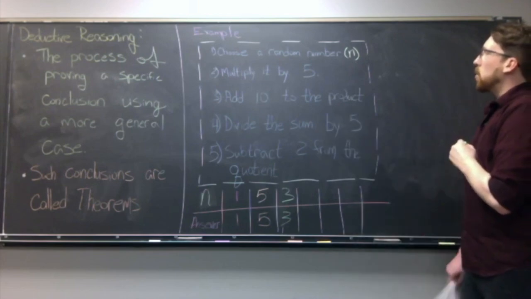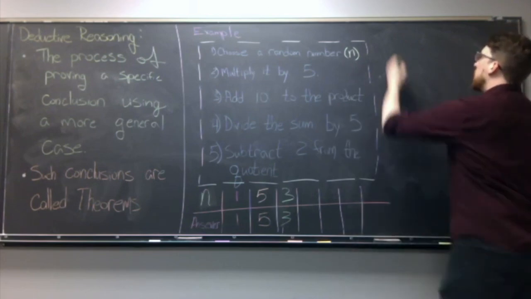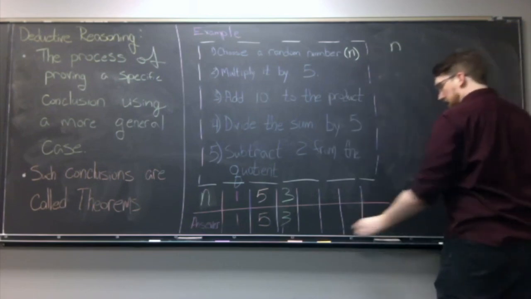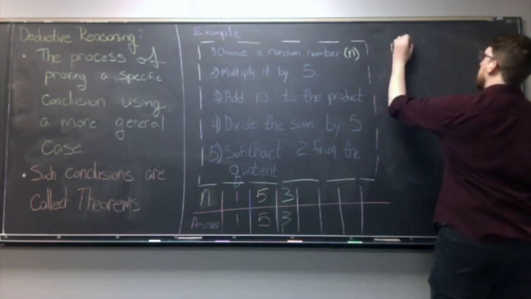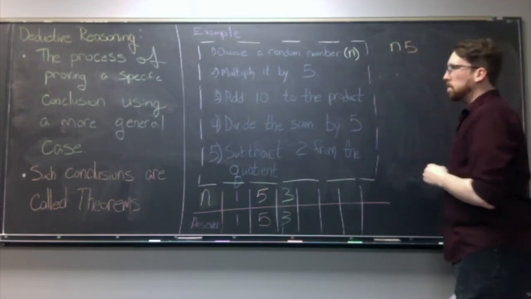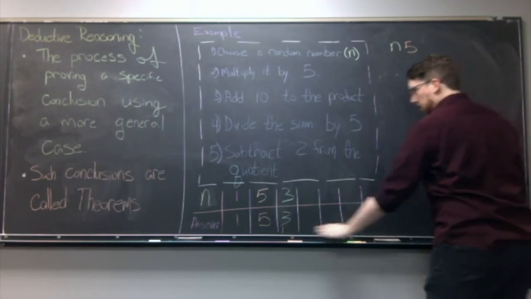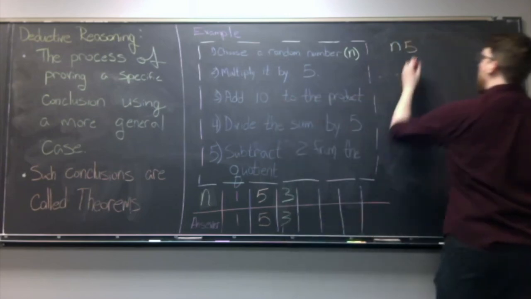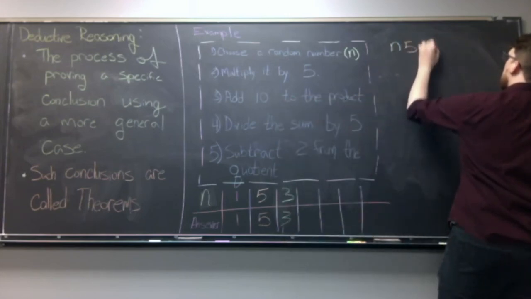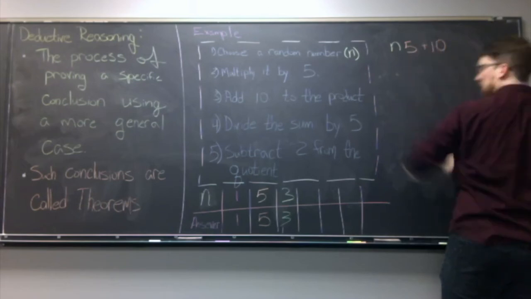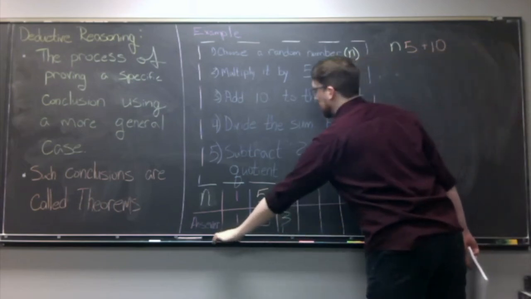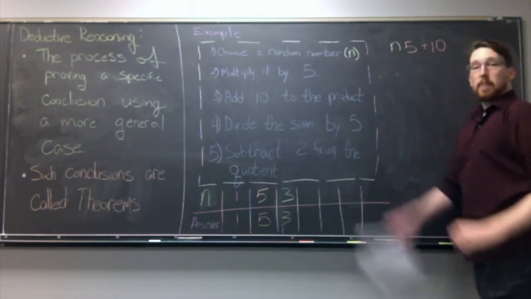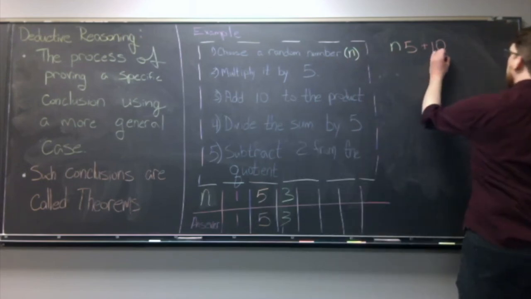So first step, we want to multiply n by 5. Next step, we're going to want to add 10 to it. The next step, we're going to want to divide by 5.